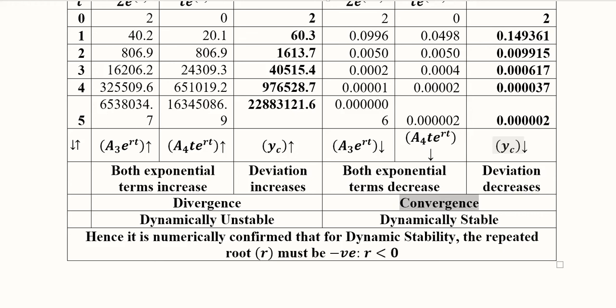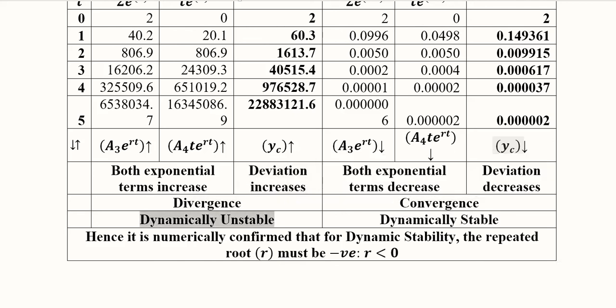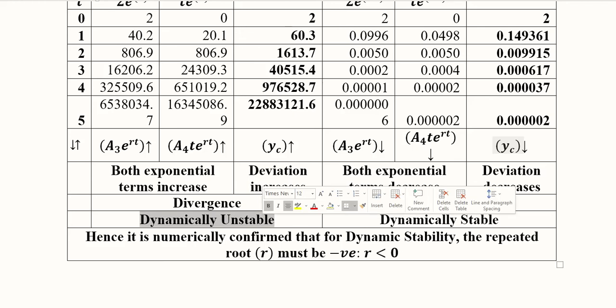Convergence is imminent, and the equilibrium is considered to be dynamically stable. Here there was divergence as the deviation was on the rise, and the dynamic instability is the consequence of it.